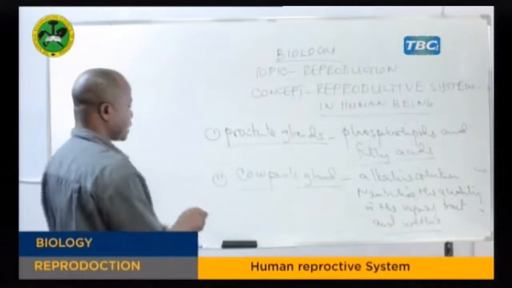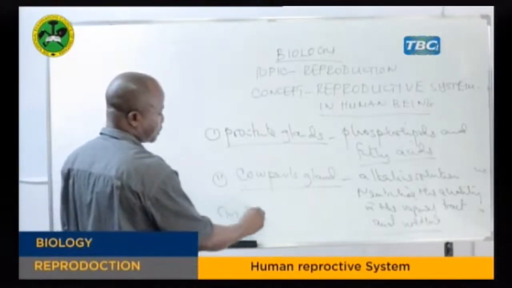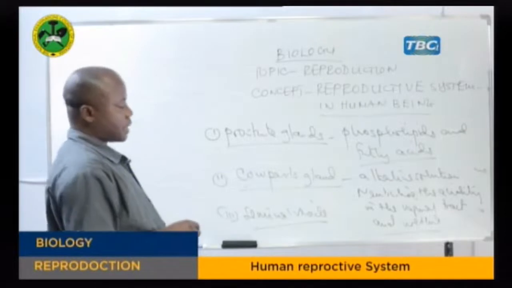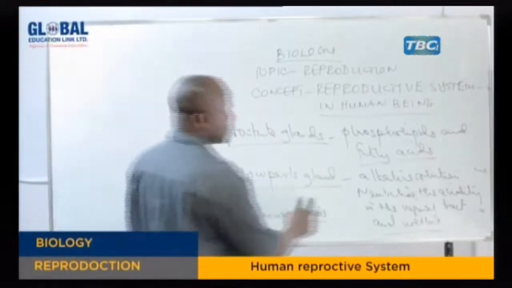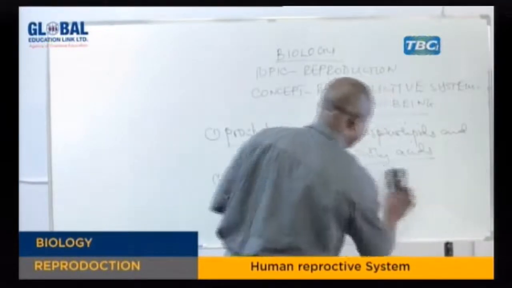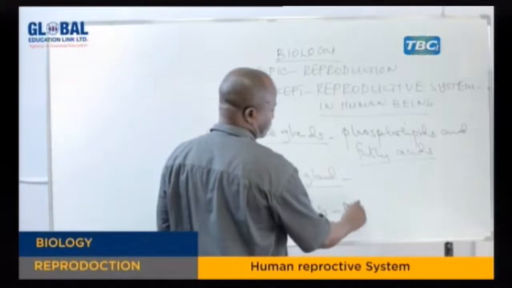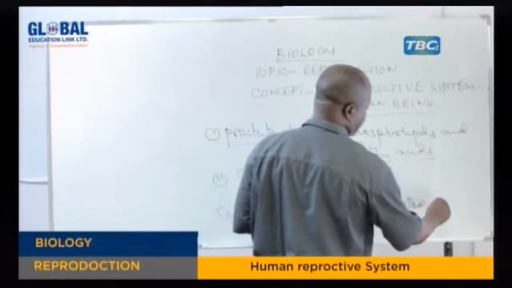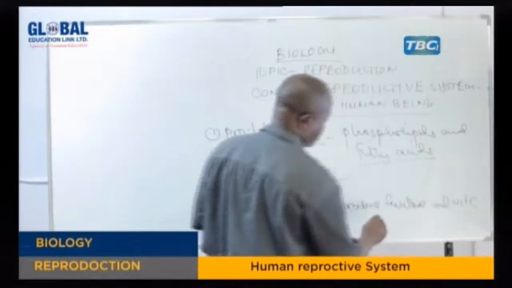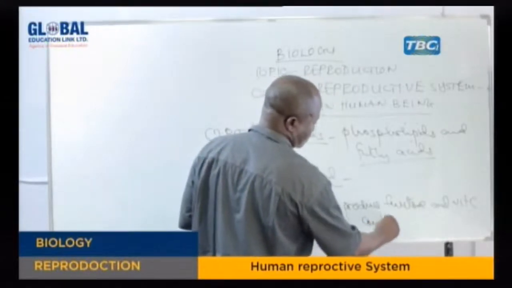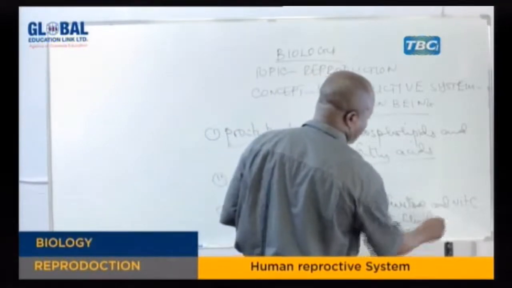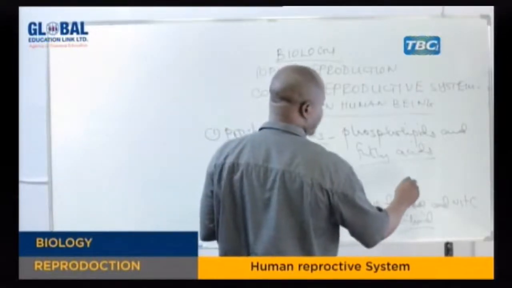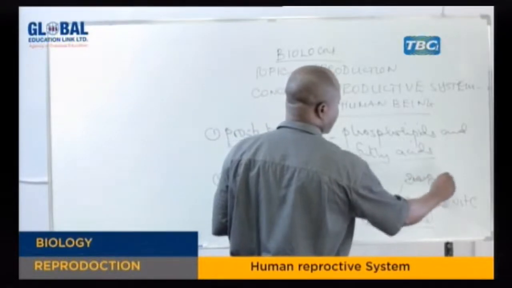The last accessory gland is the seminal vesicle. Like the other accessory glands, the seminal vesicle produces fluid containing fructose and vitamin C. This is there for nourishment of the spermatozoa, particularly the fructose, which is used for energy production.